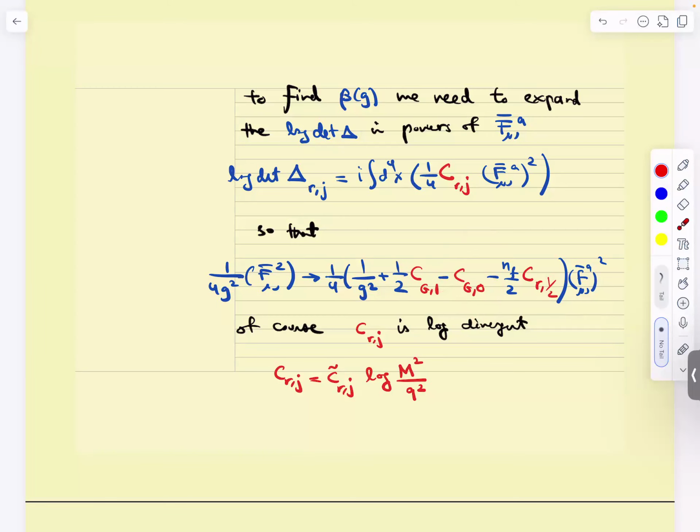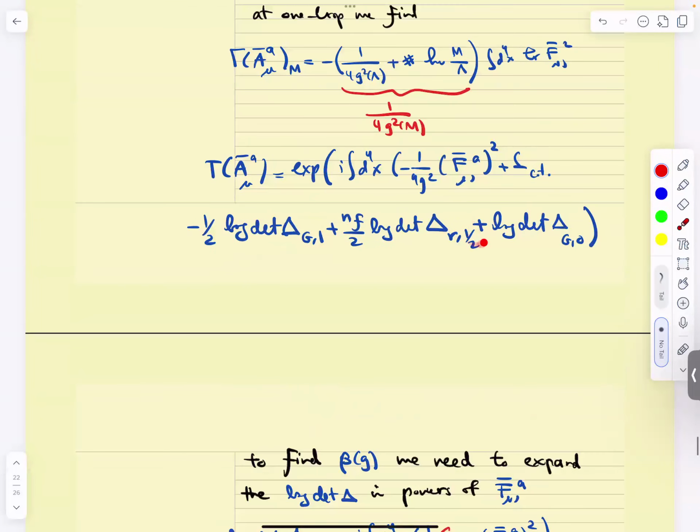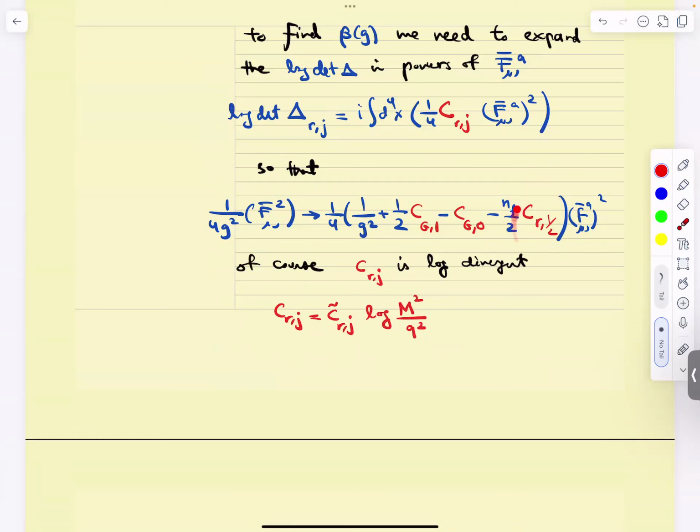Minus, because this power was negative and this power was positive, and then minus n_f over 2 C_R half. This is the contribution of the fermions running in the loop. The fermions are spin half, in some representation little r, and there are n_f of them. Minus is because they're anti-commuting. So this is what it looks like.